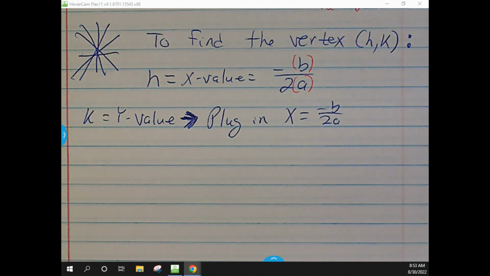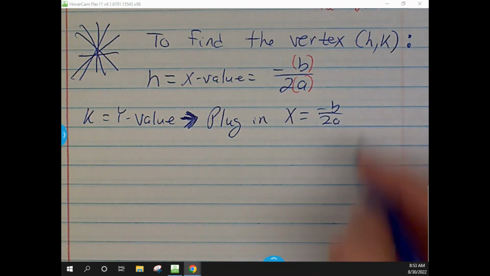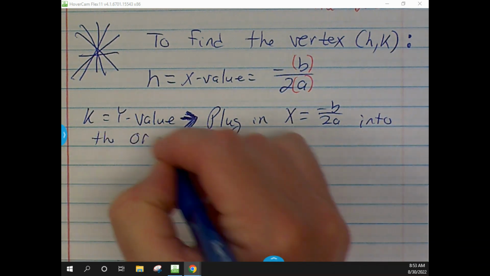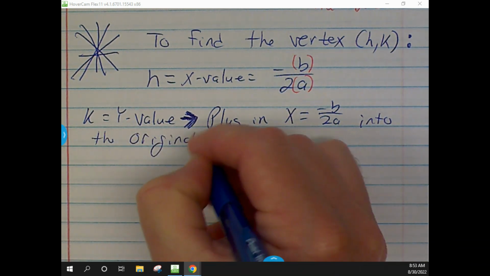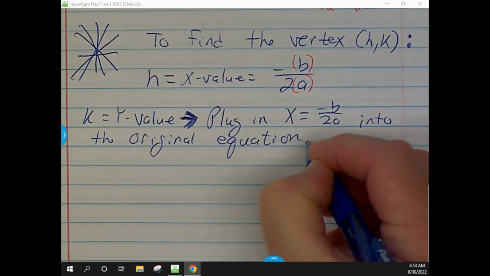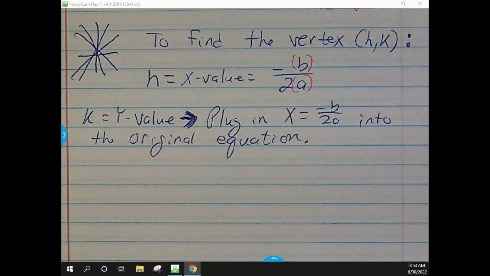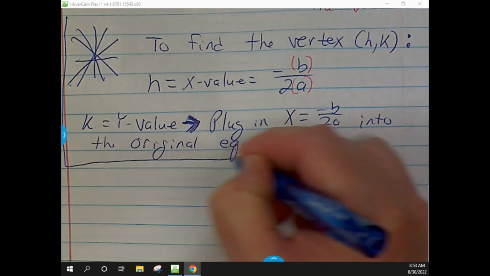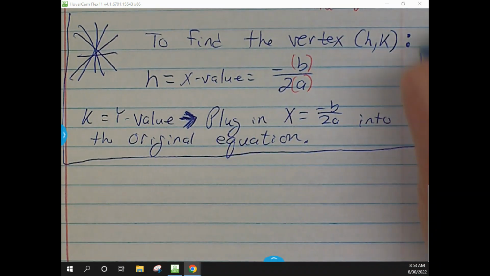We're going to substitute the value for x, which in this case is negative b over 2a, into the original equation. Okay, that's it.